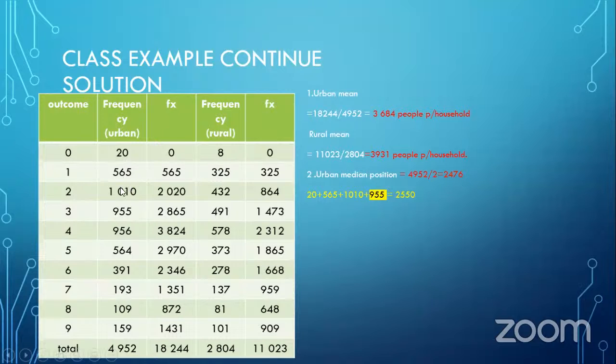We can't say our median is here, or here, or here. So what we did is we took the numbers, because the data here is already in order.